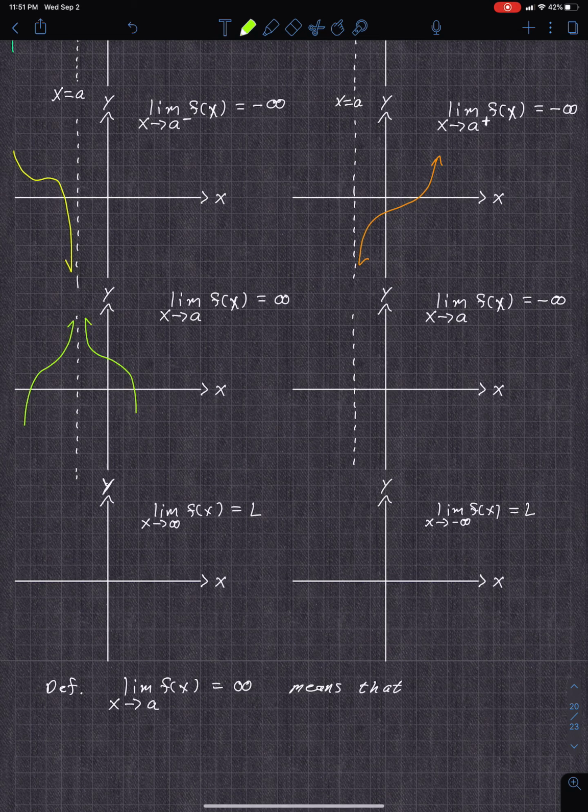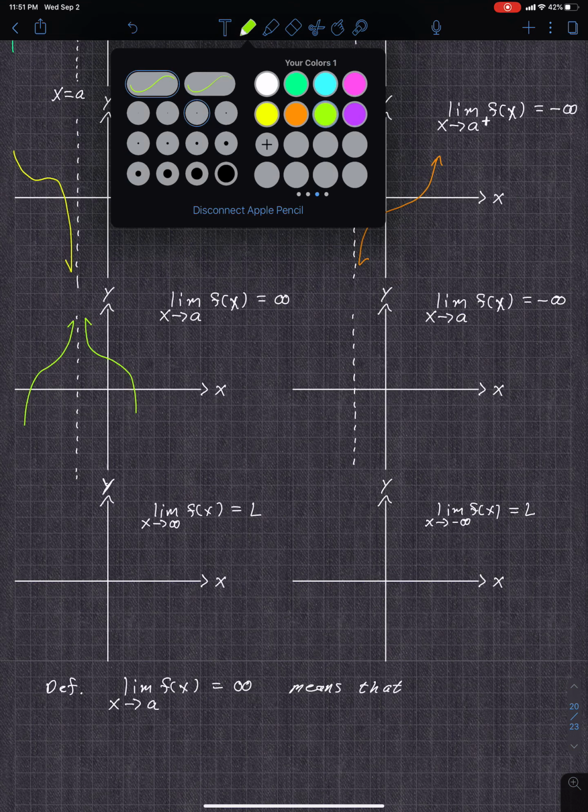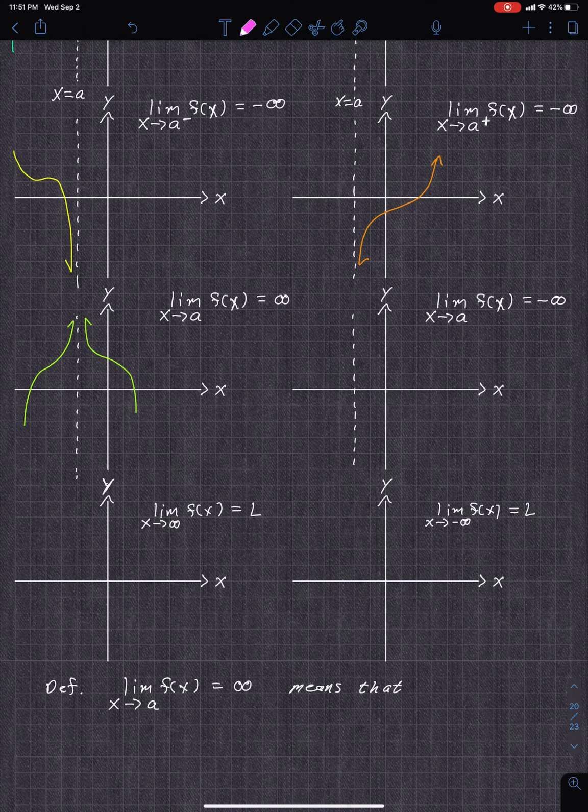And the next one, they're both going down, so you'd be going like this to negative infinity. Sometimes I'll say to infinity, but you're really not going to infinity. It's kind of a vernacular. What I mean is, of course, you're just approaching infinity.